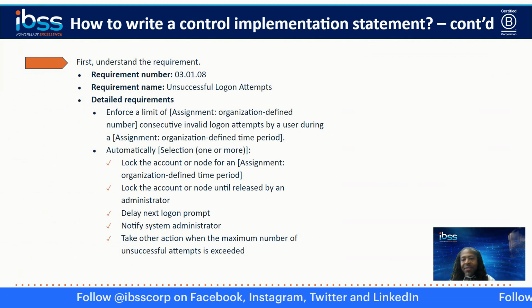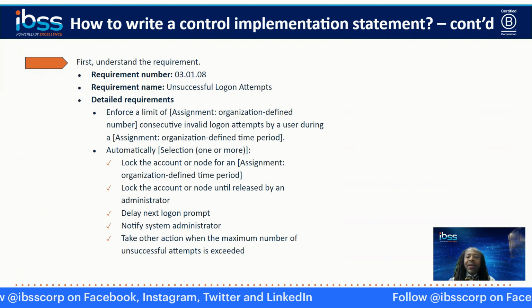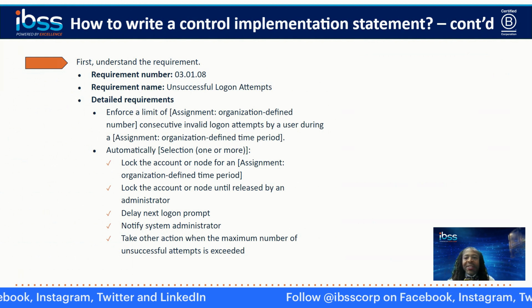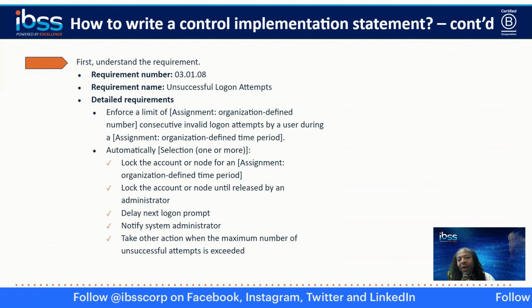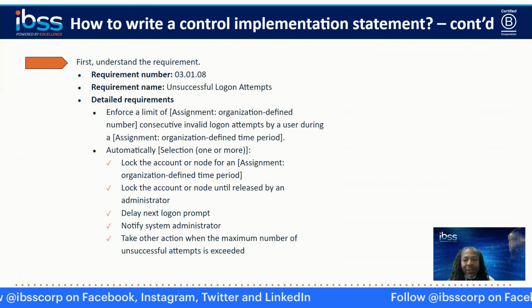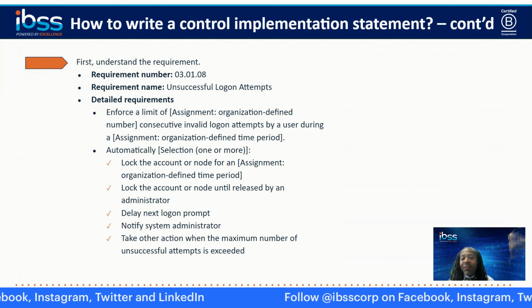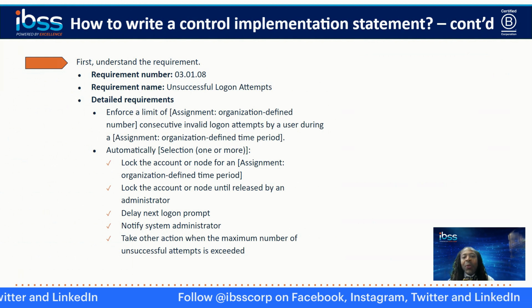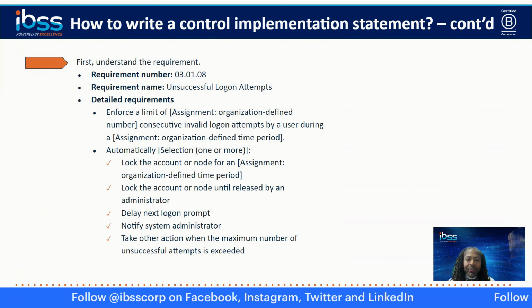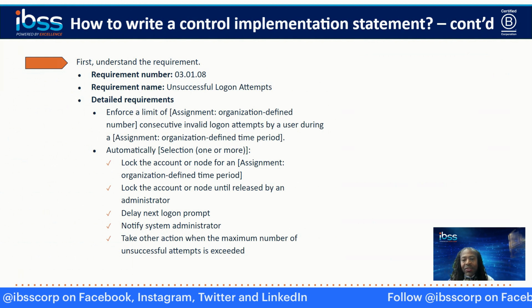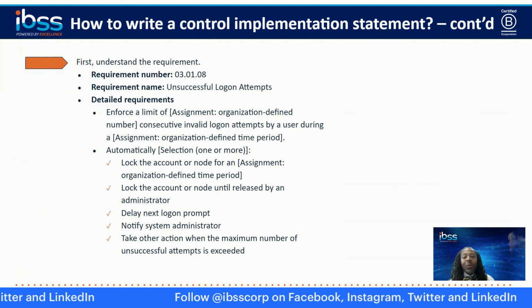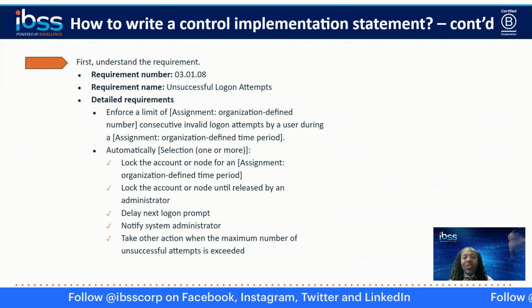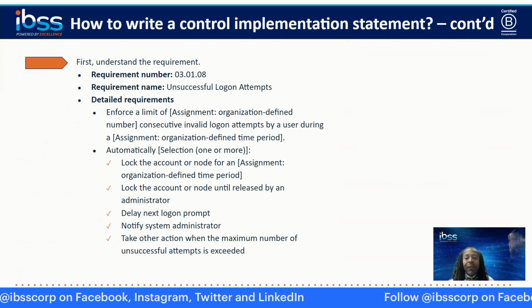Now in NIST SP 800-171, we have some very detailed requirements that must be met. This requirement is to enforce a limit of unsuccessful or invalid logon attempts by a user within a specified period of time. And then as an organization, your system must automatically execute one or more of the following options.